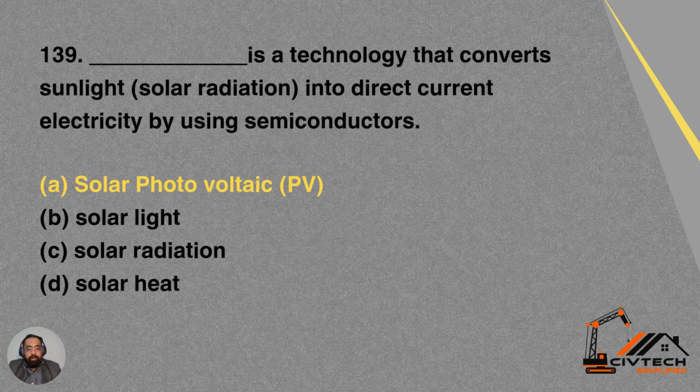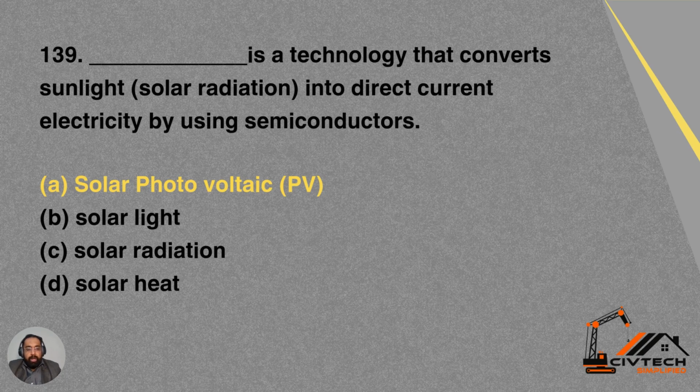139. Dash is a technology that converts sunlight or solar radiation into direct current electricity by using semiconductors. What is the name of that technology? Option A, solar photovoltaic.